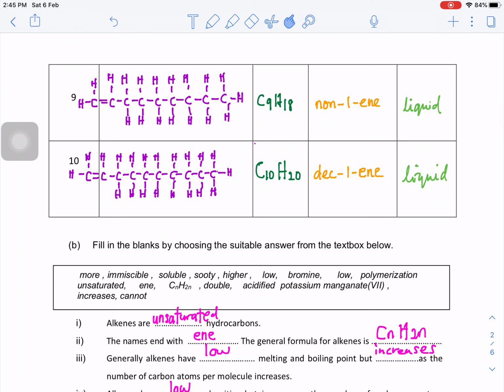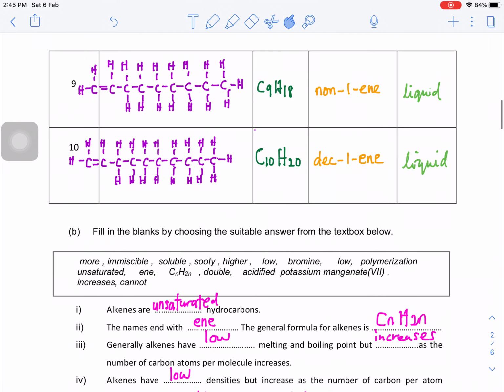If n equals 9, the formula is C9H18. The name is non-1-ene, liquid, and this one is the structural formula. When n equals 10, C10H20, the name is dec-1-ene, liquid at room temperature, and this is the structural formula.